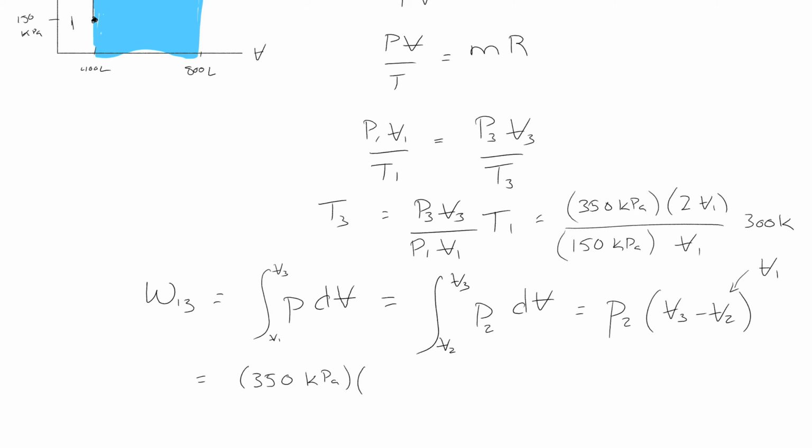And 400 liters, so we'll denote 400 liters like that, and then put out a conversion factor over here because we want that in cubic meters. Okay, so in 100 liters, there is 0.1 cubic meters. Okay. So here, that gives us 140 kilojoules.